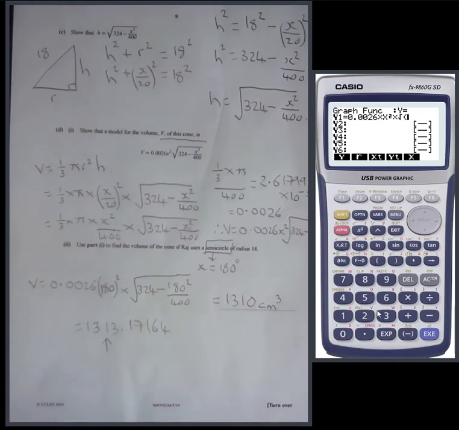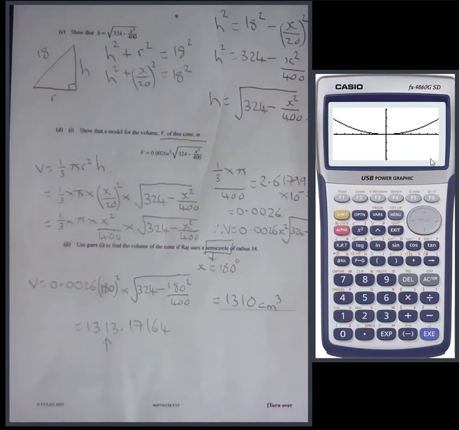So that would be 324 minus, and also if you've got one of the older calculators, the fraction button doesn't work particularly well when you're typing into a graph function. So I'm just going to put x squared divided by 400. Make sure you close the brackets off properly. If you've got a newer calculator, you won't need to worry about this anyway. So there we go.